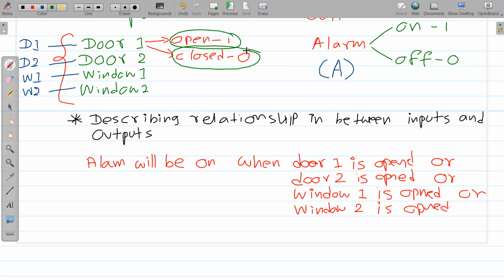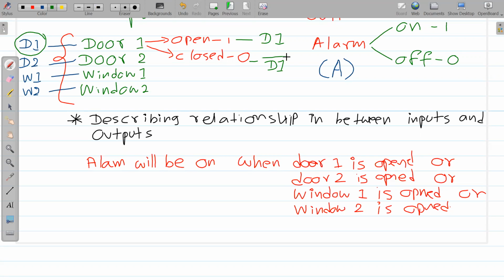Door1 is indicated by D1. So door1 open can be indicated as D1, its natural state. Closed can be indicated as D1 bar because it means not.